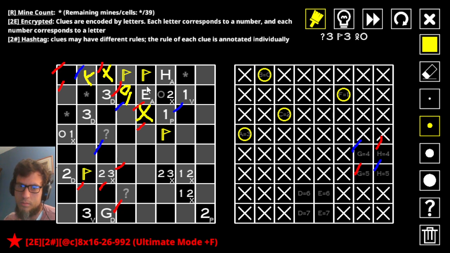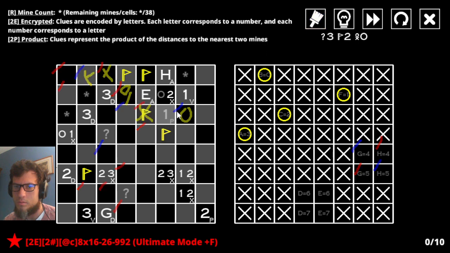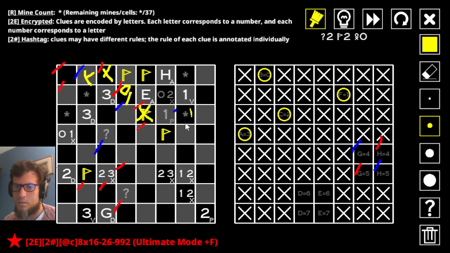Okay, if that's 5, then we're not allowed to have this, but if it's 4, we are allowed to have that. But we could also just put one there. But either way, that makes this happen. Okay, so this and that. Alright. Okay. Maybe there's stuff here I can conclude with the G.